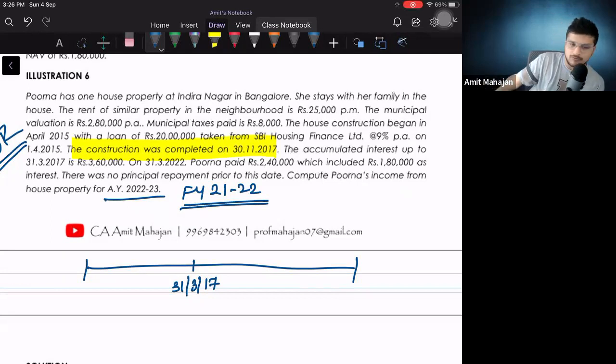Tell me in the chat, what will be the pre-construction interest? I'm not asking how much deduction I'll get, I'm just asking how much is the pre-construction interest?